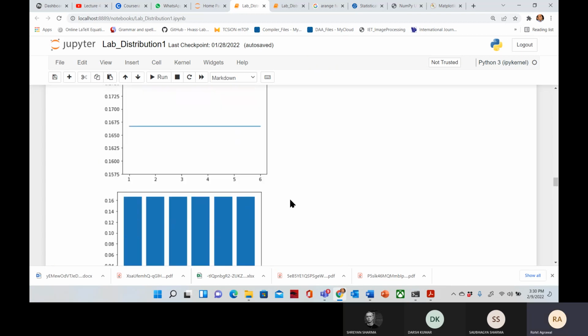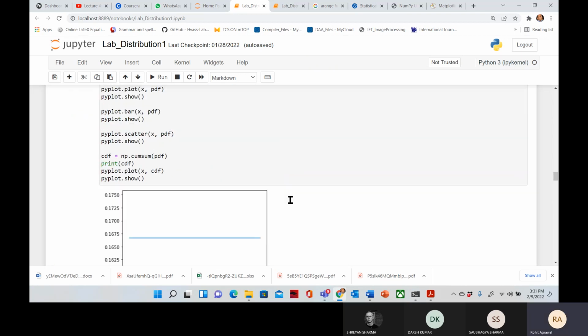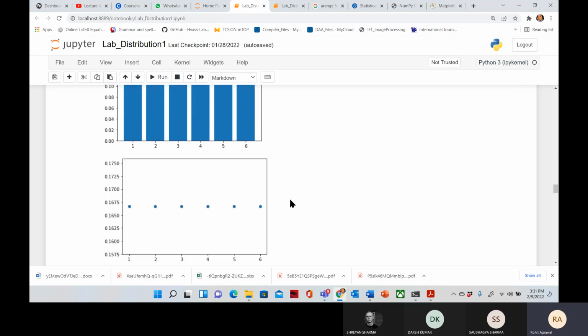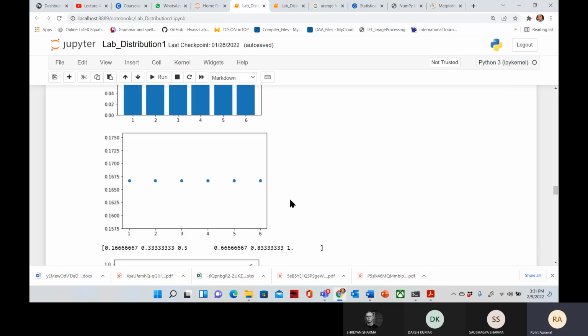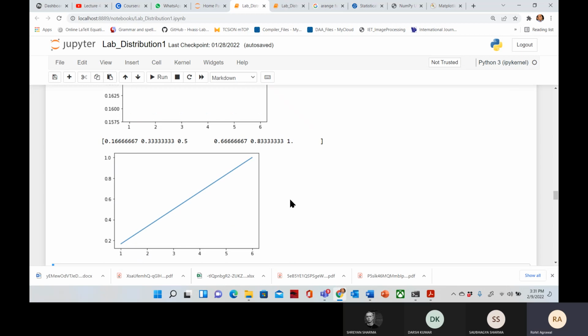Yeah, so this we have already done for the one dice. Second dice we have written the data in the notebook, and we need to write the code and see the difference.